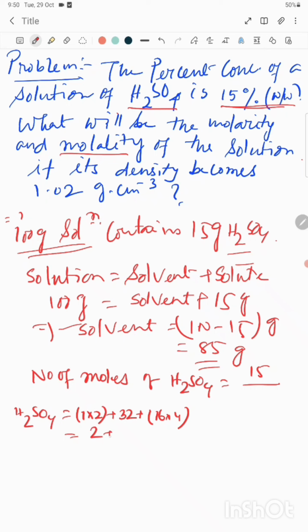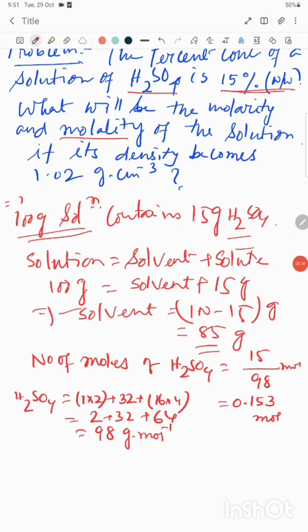So it is 2 plus 32 plus 64, so it is 98 gram per mole. This is the molecular weight. So number of moles is 15 by 98 mole. If you calculate, it will come 0.153 mole.